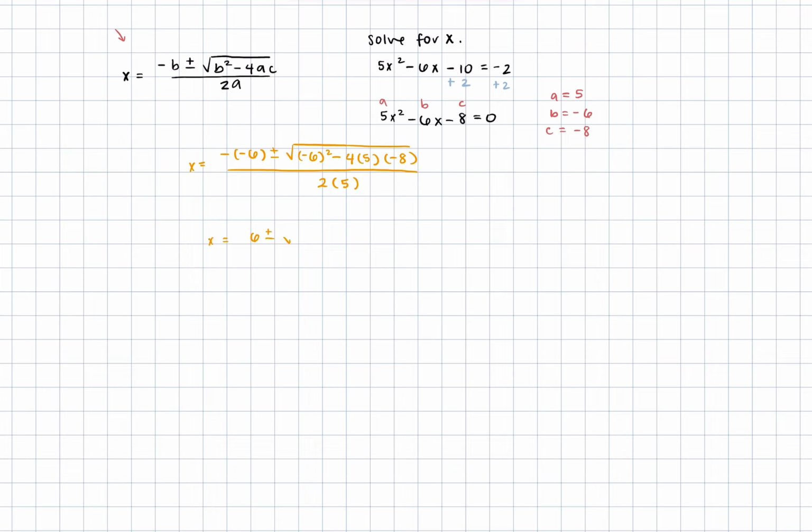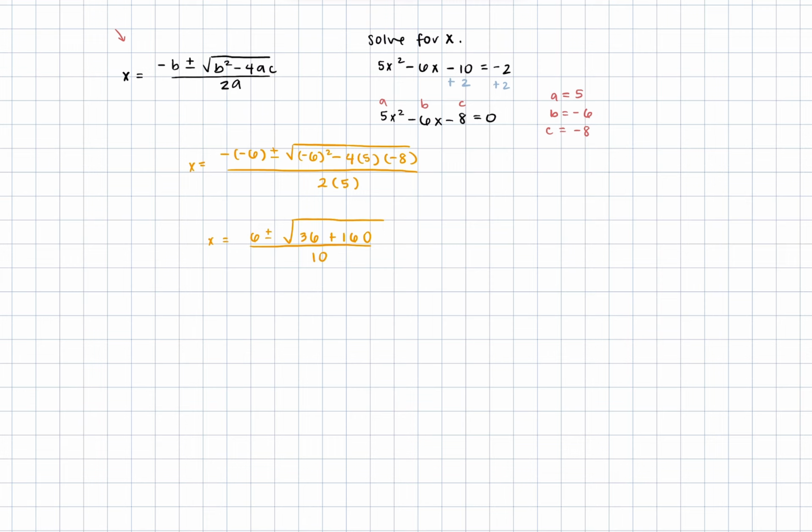Negative 6 squared is negative 6 times negative 6, which is positive 36. Then we have negative 4 times 5, which is negative 20, and negative 20 times negative 8 gives us positive 160. Then 2 times 5 gives us 10.